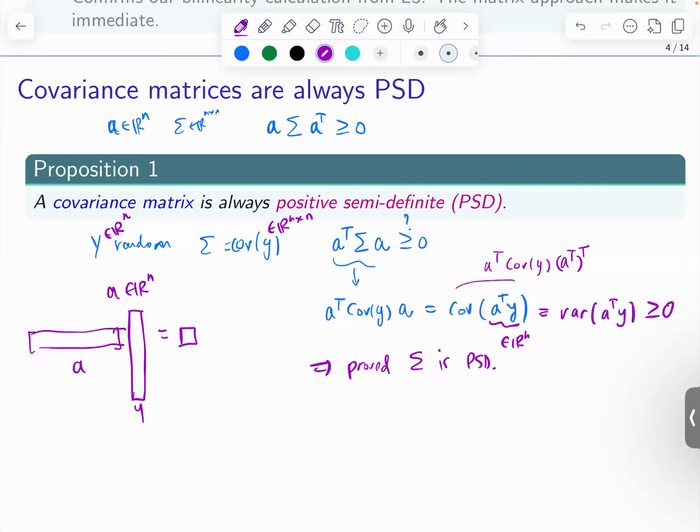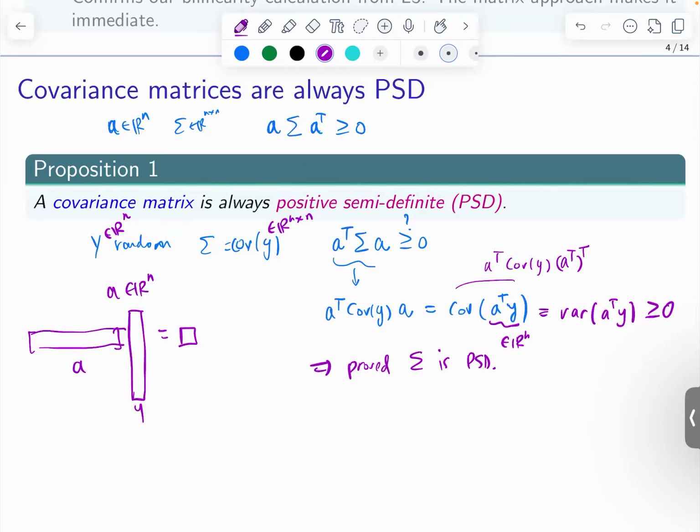This is the very important property of variance, the equivalent of variance being non-negative in general. Sigma is like a multivariate value. For a matrix to be non-negative, you can't require element-wise non-negative entries, but this is better. Sigma can have negative entries.